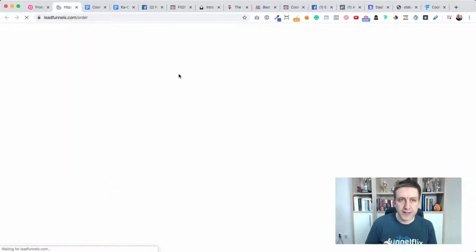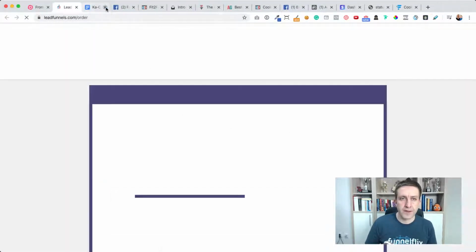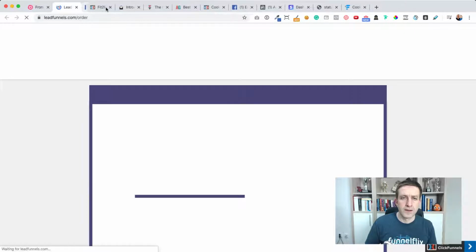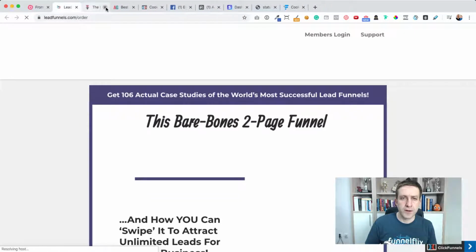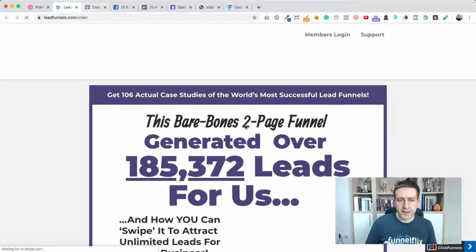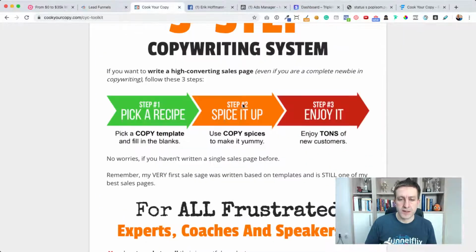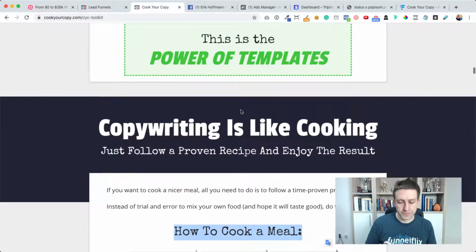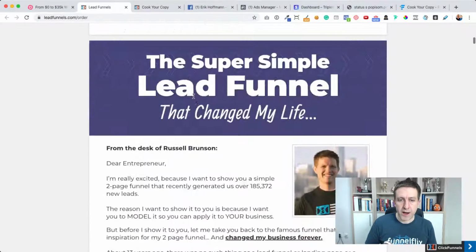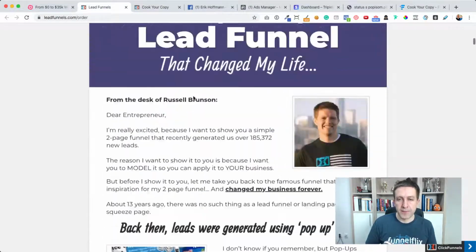So if you look at this design, let me close the pages we don't need at the moment. My sales page design was inspired by this sales page.